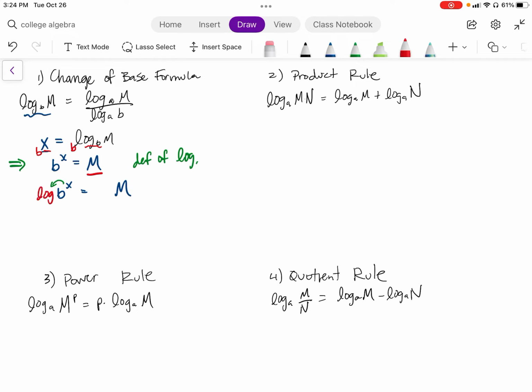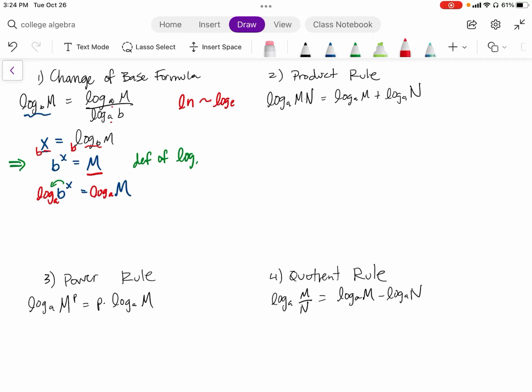Now you could choose any base. I'm choosing a only because in the formula it has an a. Most often we'd actually use natural log, but for this formula, the base doesn't matter. Remember that natural log really just means log base e, so that's why that's easier to write and more frequently used.